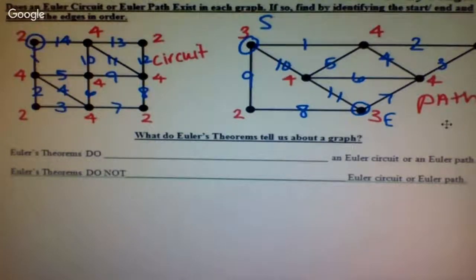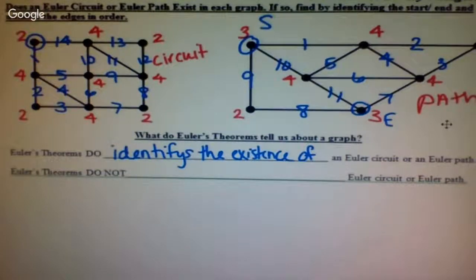So Euler's theorems, which was when we decided we had to count the degrees, identify the existence of a Euler circuit or path.